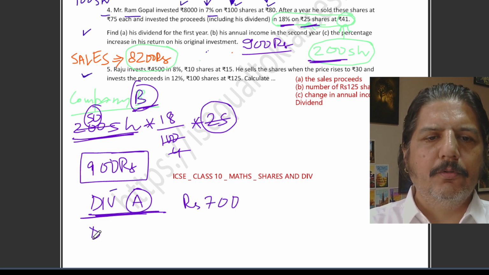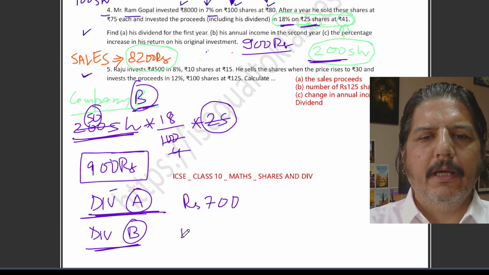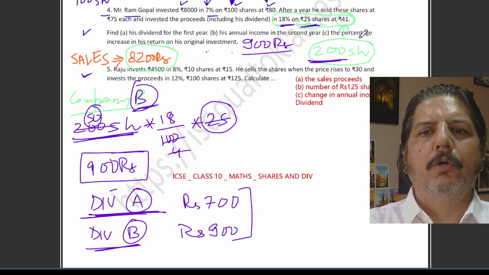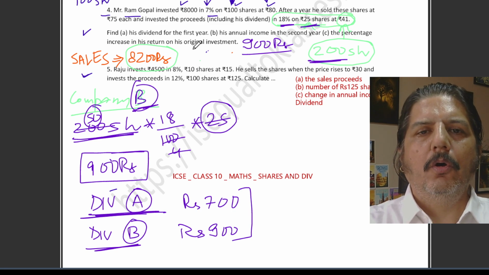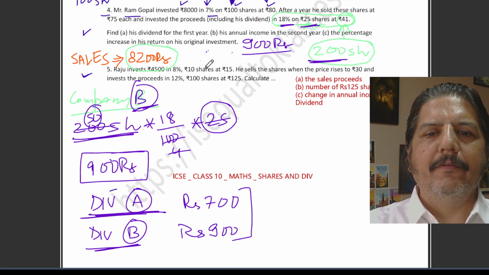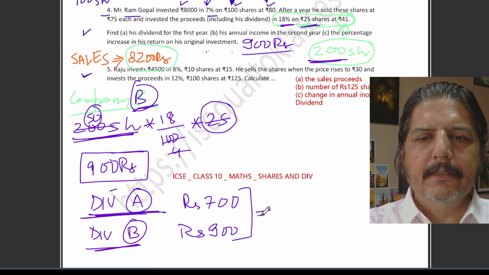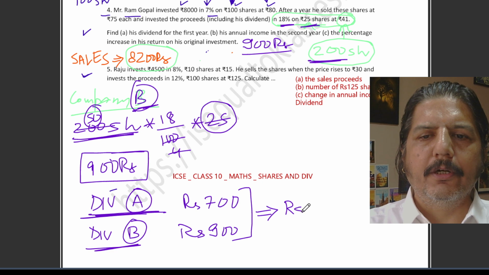Now, when he has come to company B, the dividend has become rupees 900. So, the percentage increase in his return on his original investment. So, the increase in dividend is rupees 200.